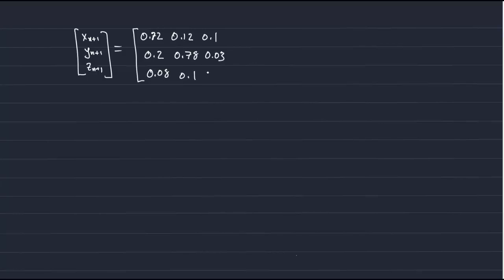the populations in the next year being a matrix multiplication with these elements times the starting populations in the previous years.